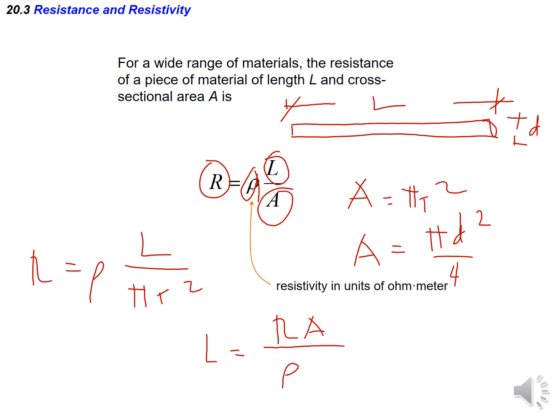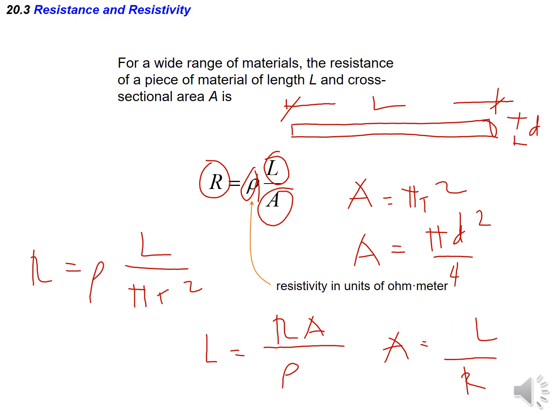And then for area, of course, we can also derive it. So area is simply resistivity multiplied by length divided by the resistance. So this is the resistivity, and here is the resistance.